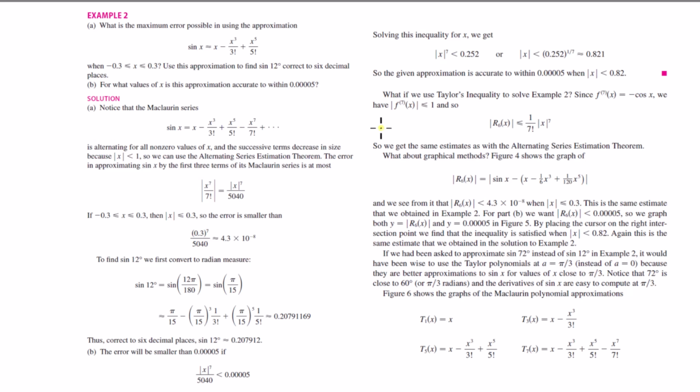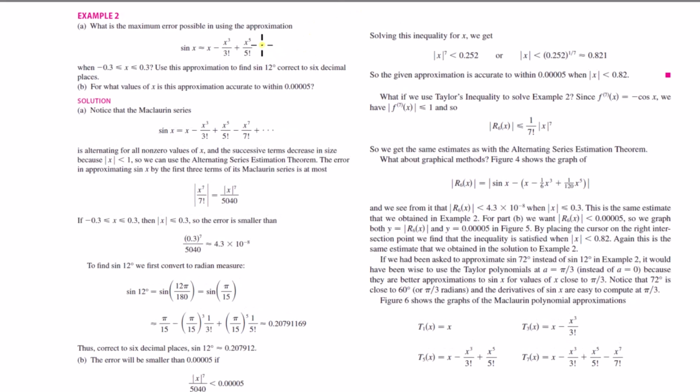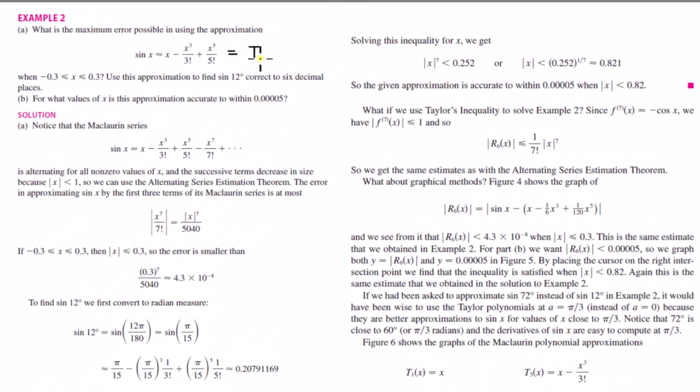And when they applied Taylor's inequality, you can see they didn't use, so this is T sub 5, the 5th order Taylor polynomial. So you think, okay, I guess that would mean we plug in n is equal to 5 into Taylor's inequality and get the R sub 5, right? That's what we always do.